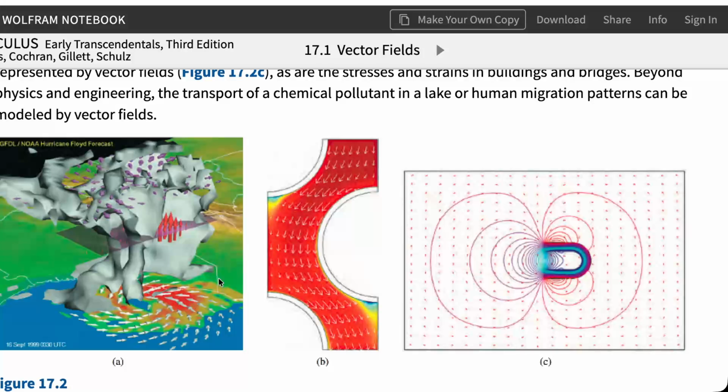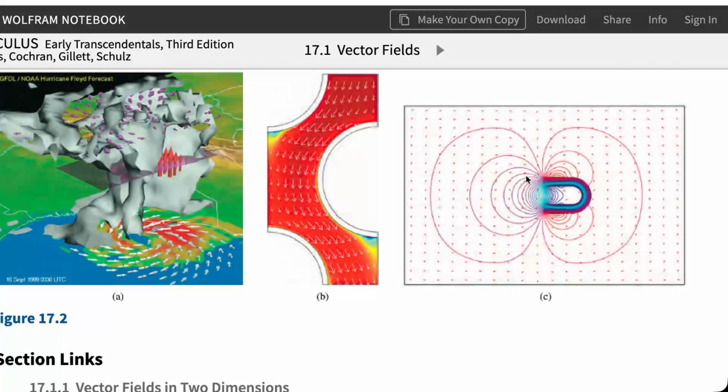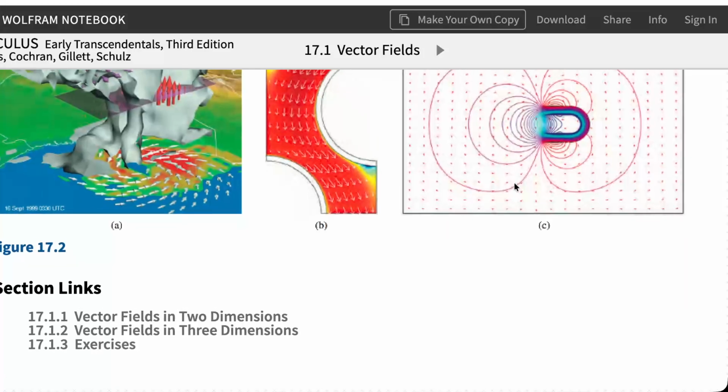That's a vector field. The winds around a hurricane or any cyclonic storm converge in towards the center. They suck you in. It's one reason to avoid them. Well, they're showing magnetic fields. That's a vector field. We've seen a bunch of those.